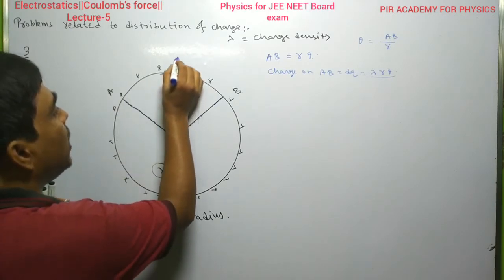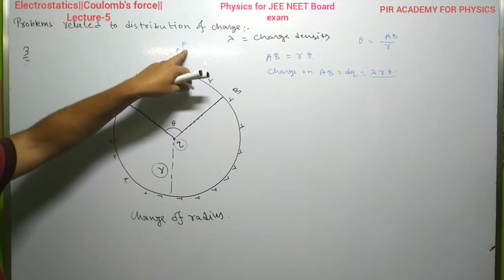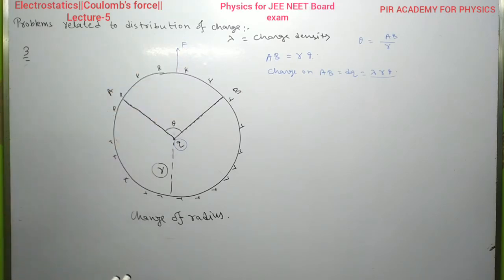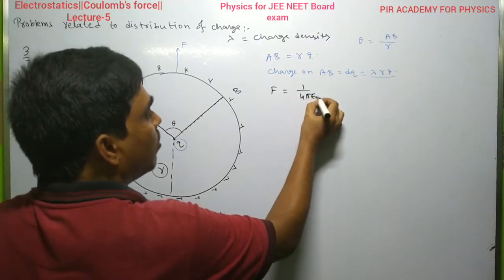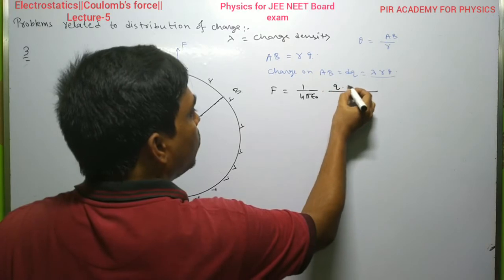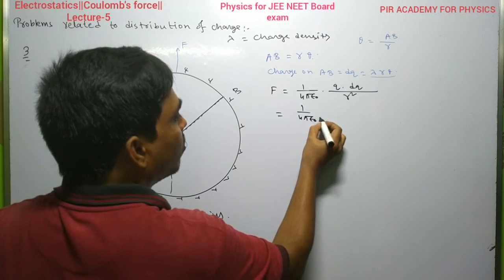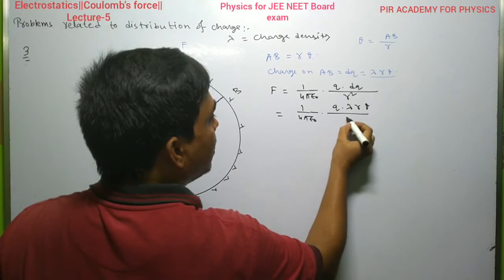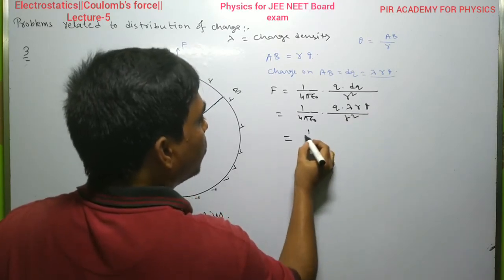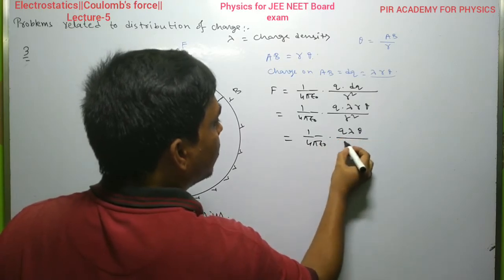The amount of force is F. What will be the amount of force? F will be 1 by 4 pi epsilon naught into Q into dq by R square. So it will be 1 by 4 pi epsilon naught into Q into lambda R theta by R square. It will be 1 by 4 pi epsilon naught into Q lambda theta by R.